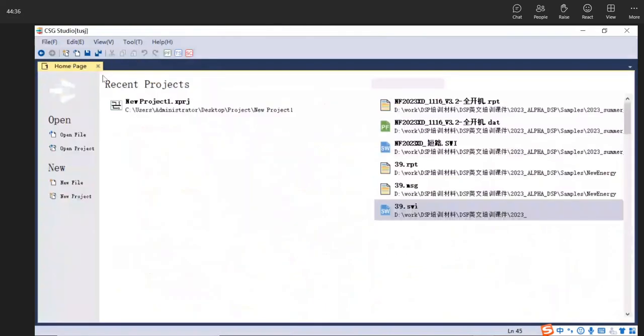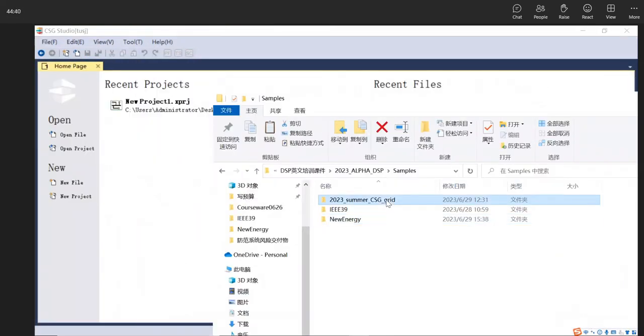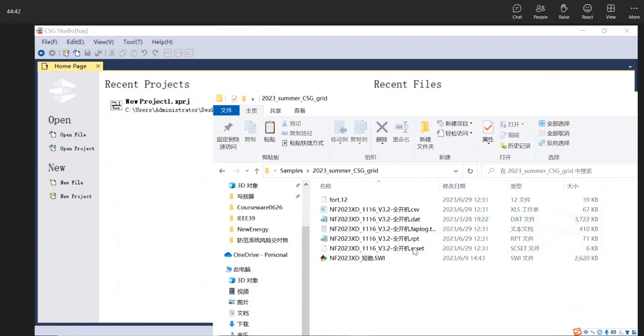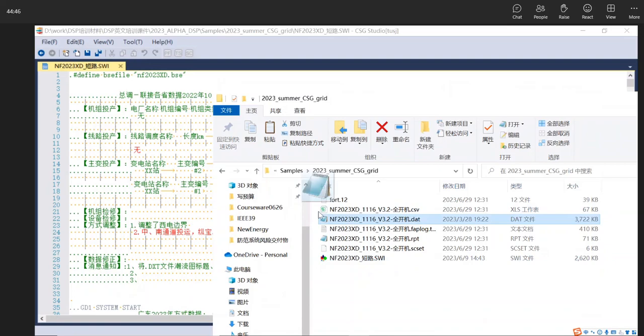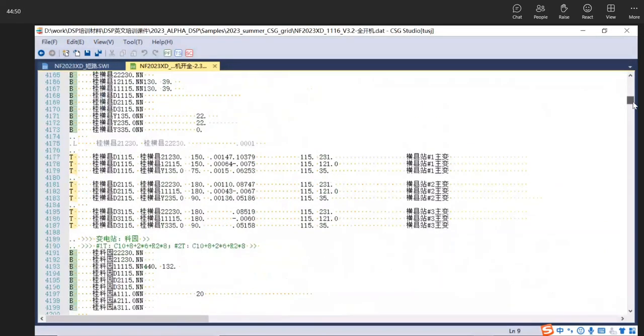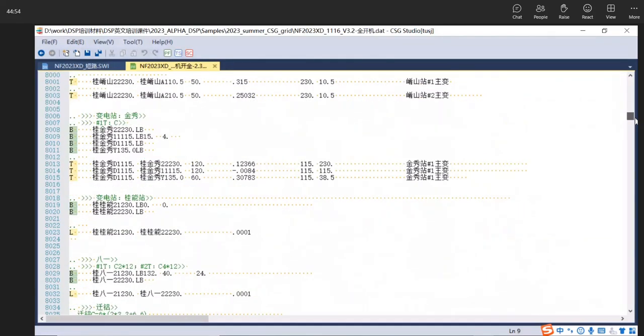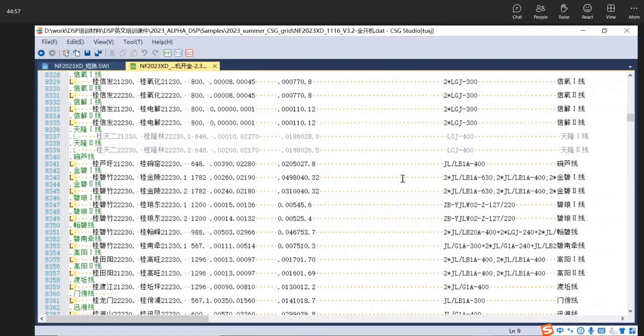And I also have an example of the CSG grid. As you can see, this is the data of CSG grid in the year of 2022.